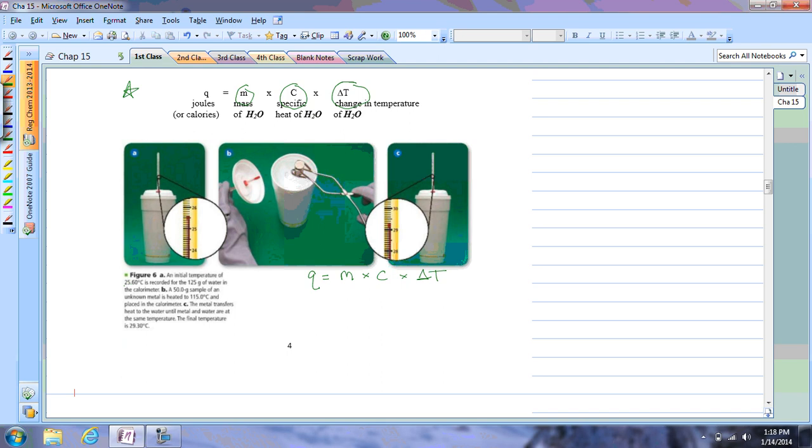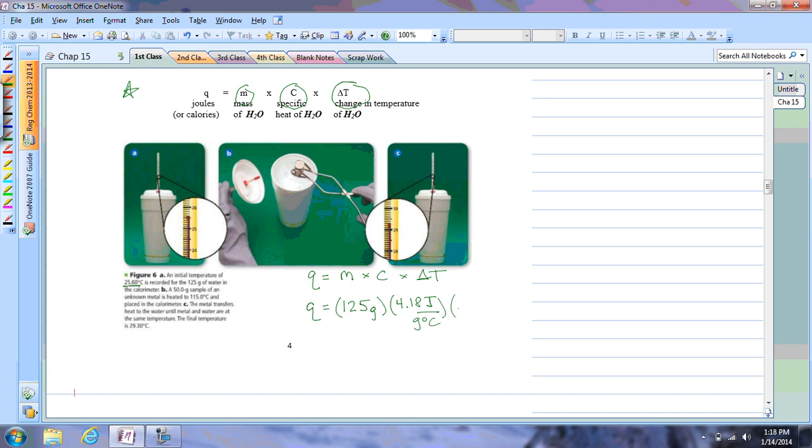So we have an initial temperature of 25.60 degrees. There is 125 grams of water. The specific heat of water is 4.18 joules per gram degree Celsius.